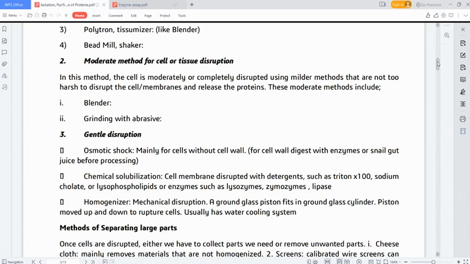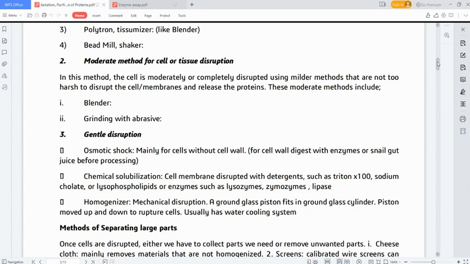The water rushes inside the cell and breaks it open. Whenever you make the environment of the cell hypotonic, water tries to move from the environment into the cell and the cell will burst open.